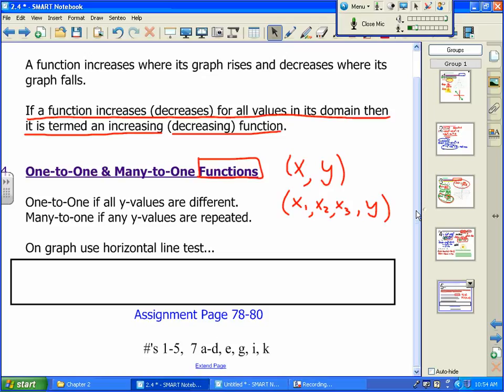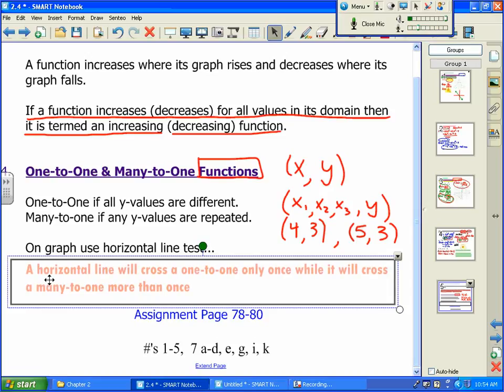That's what we've got here. They say many y values are repeated, and what I mean by that is, let's say x was 4, y was 3, or for instance, x was 5, y is also 3. That's the many-to-one. Or something that you learned in B30, use a horizontal line test.